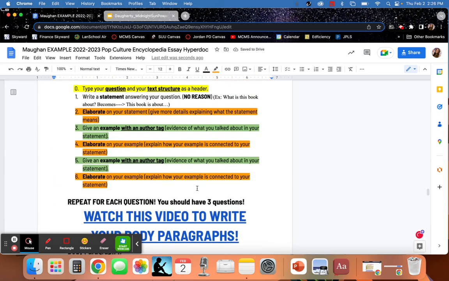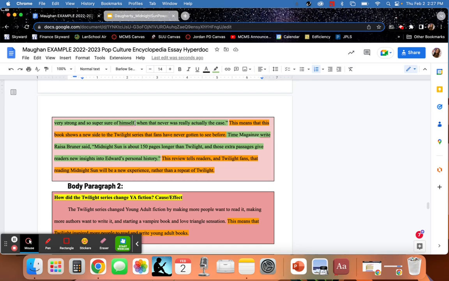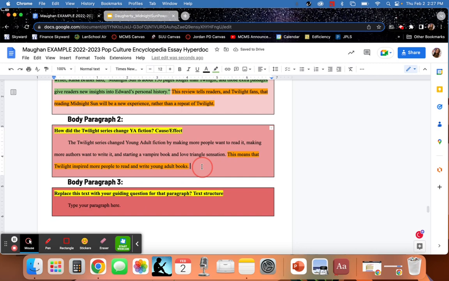Okay, moving on. Now I'm going to give an example with an author tag. Remember, I want to try as much as possible to give author tags of who these people are. So like in my first one, I spelled magazine wrong. In my first one, Time magazine writer Reza Brunner said, and I'm telling you who Reza Brunner is and why you should care about what she's writing.